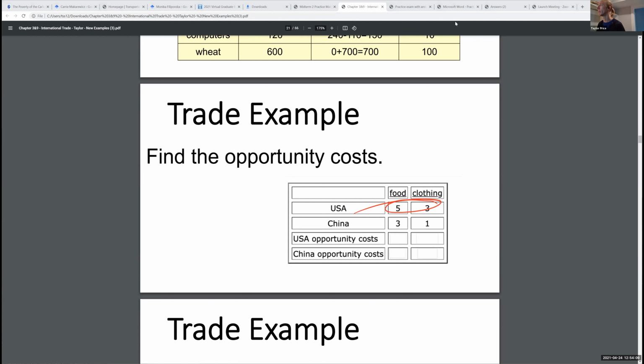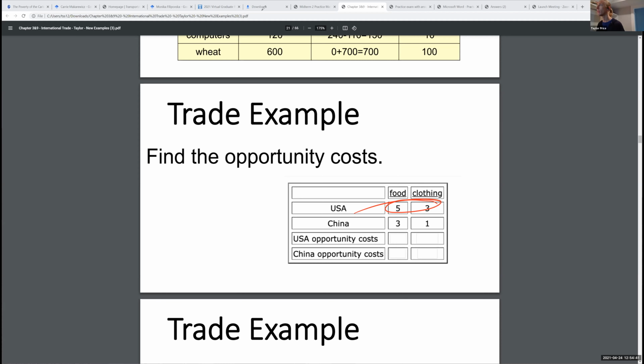If we're thinking about the US and China, the US has an absolute advantage in the production of both food and clothing. The US can produce more total clothing than China and more total food than China. But where we get into opportunity cost and comparative advantage is when we look at the comparison between those two.